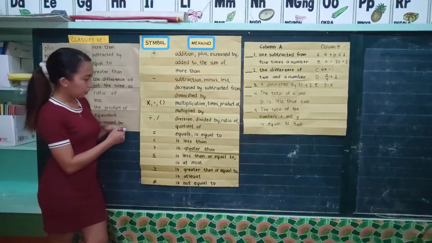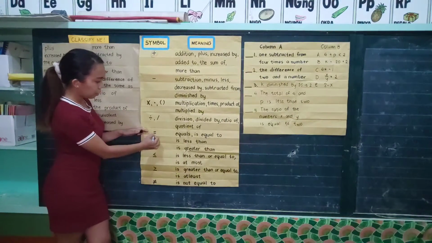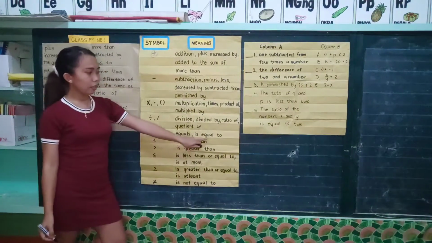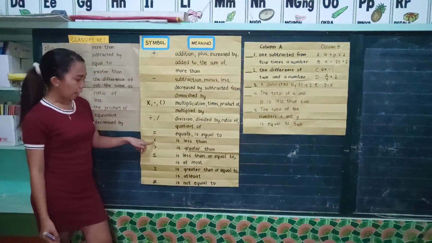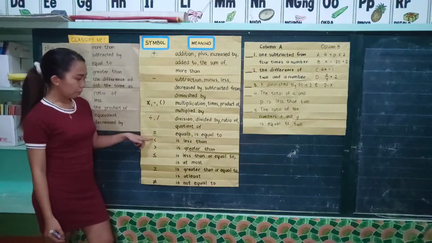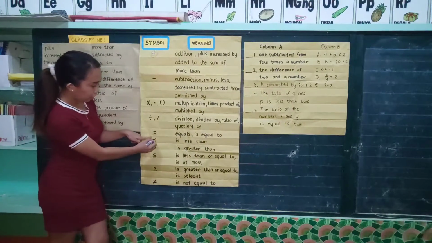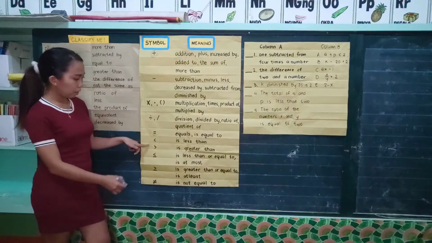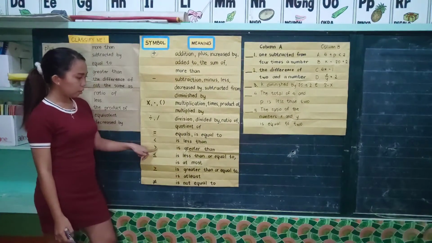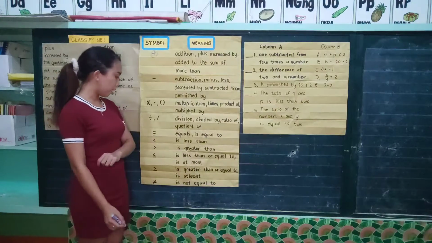And the next one means equals or is equal to. And the next is less than. So its opening is on the right side, while for the next symbol, the opening is at the left side. It means is greater than.